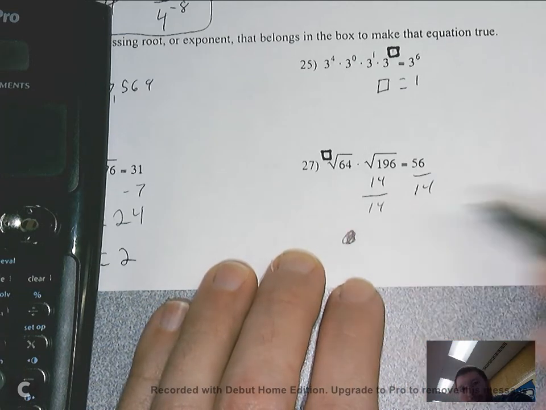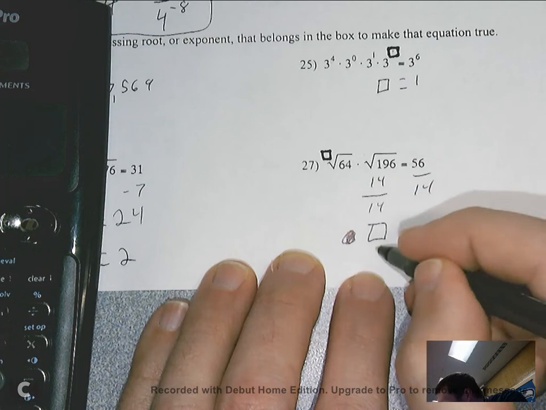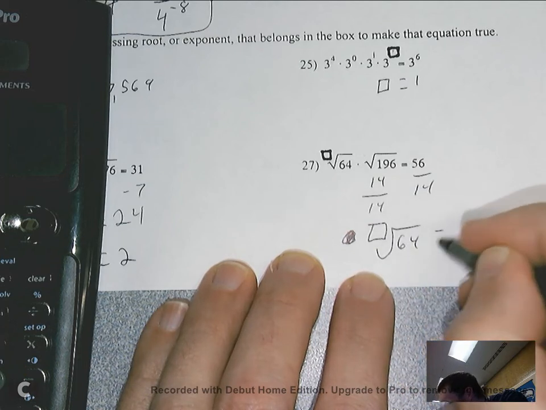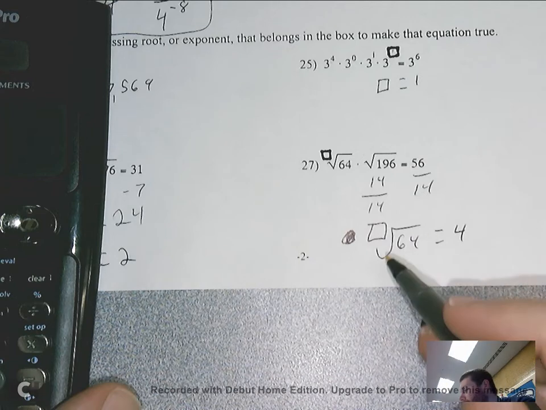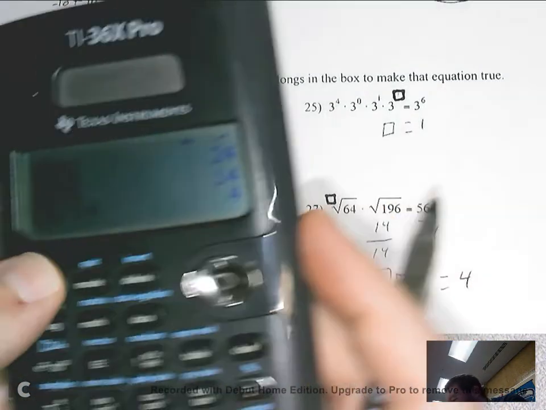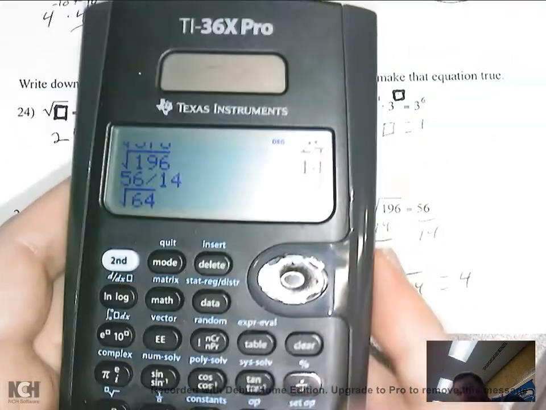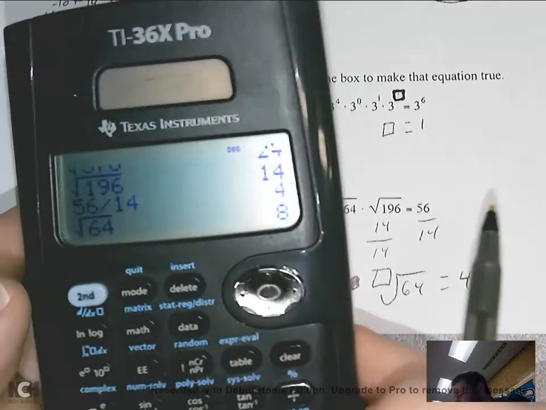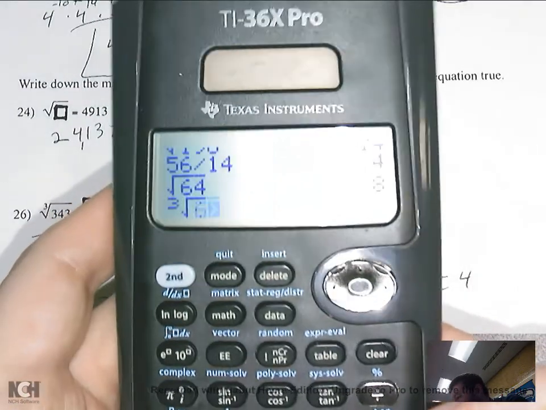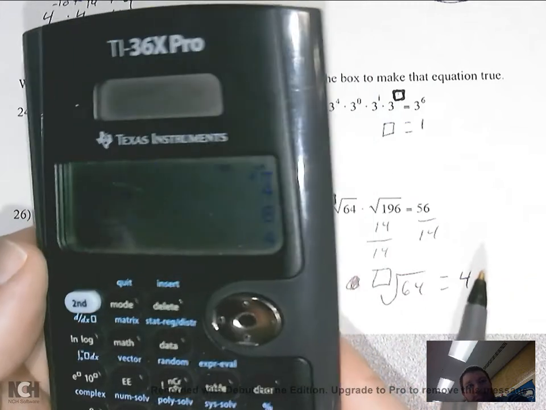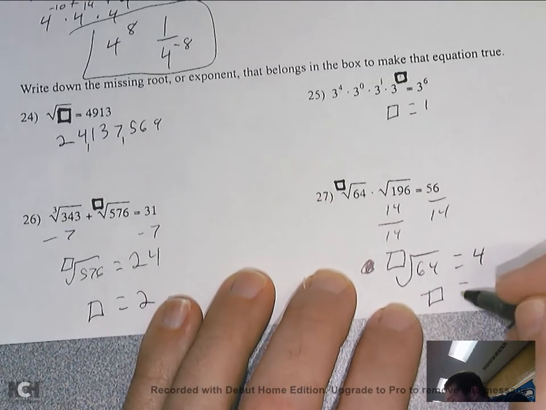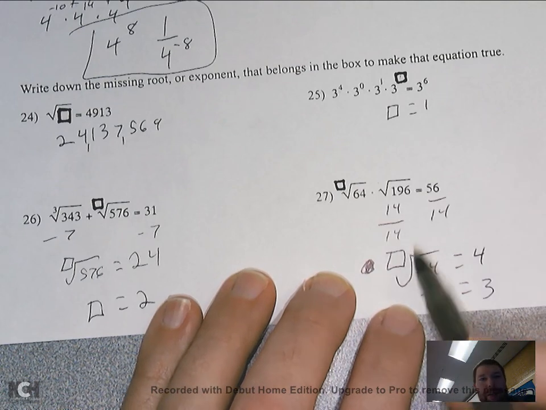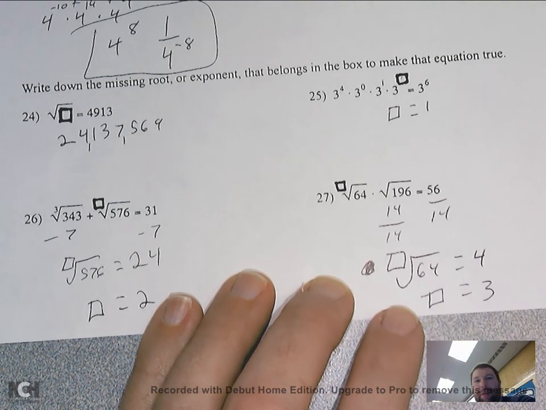So, sorry, just kind of gave away the answer there. But the root of something is equal to 4. So is it a square root or a cube root? Well, the square root of 64 is 8. So that's not it. So let's try the cube root of 64. And that is 4. So that means this box has to equal 3. It's a cube root is the missing box.